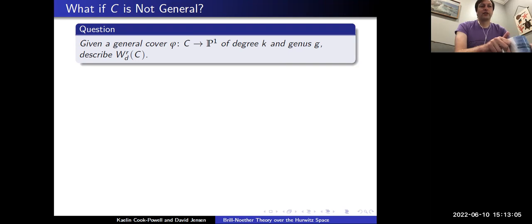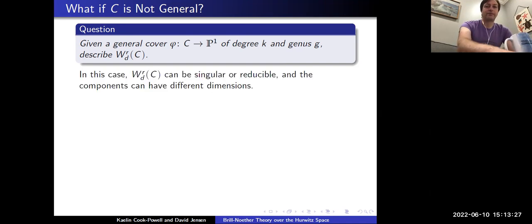So let's think about curves that have some low degree map to P1. The way it's phrased on the slide is a little better: given a general cover of P1 of degree K and genus G, what can I say about the Brill-Noether varieties WRD?